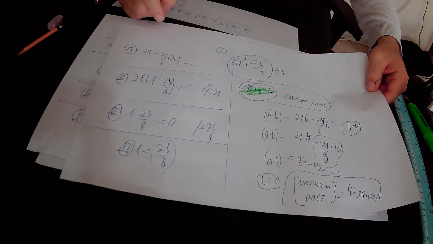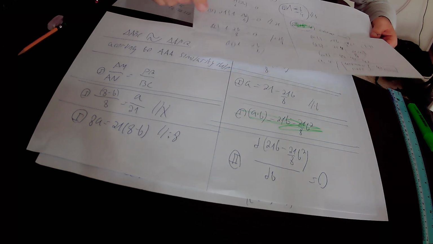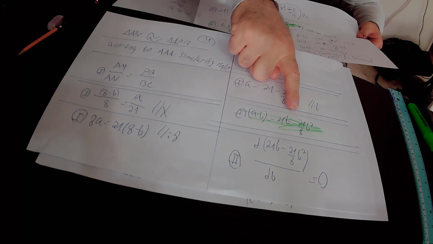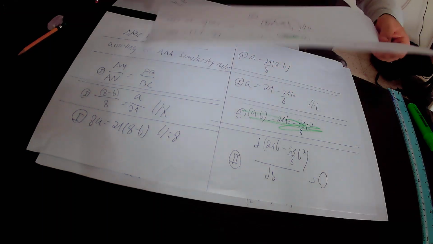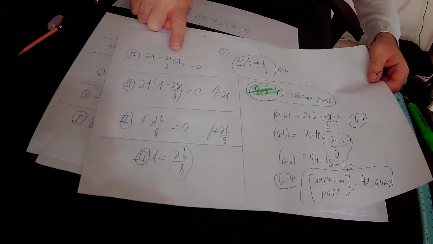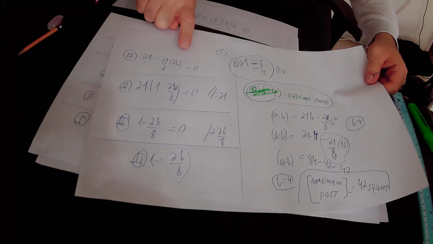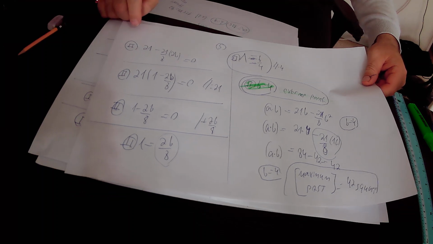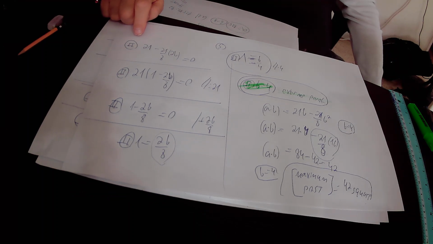So in total, we find that the derivative of this area function, 21b minus 21 over 8 b squared, equals 21 minus 21 over 8 times 2b. And we have to equate the derivative to 0. We did it. In the next step, we took 21 as a common factor out of those two expressions.